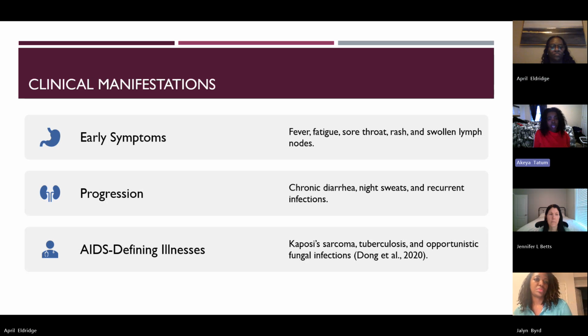We can detect HIV by doing a blood test, and it shows you whether you have the antibody or the antigen, which is the ELISA rapid testing, or the nucleic acid testing, which tests for the viral RNA. We can monitor the person's CD4 T cell counts or their viral load tests to assess the disease progression.